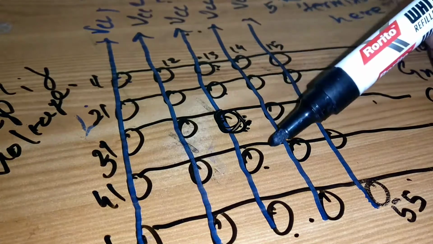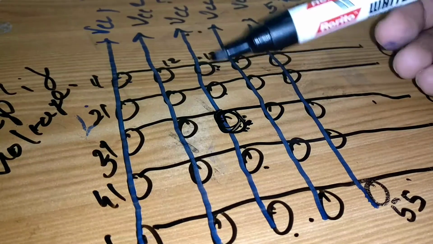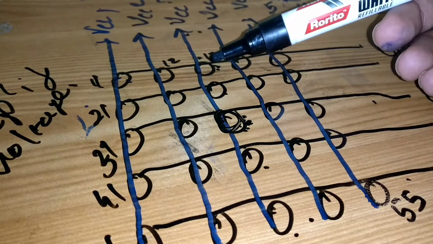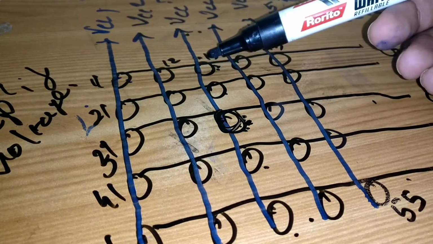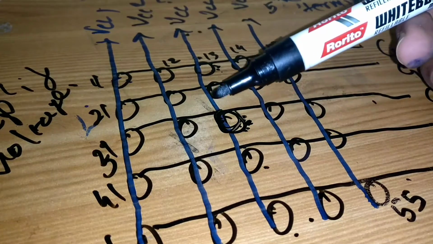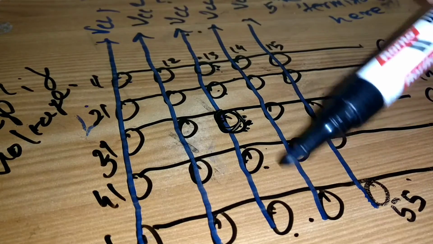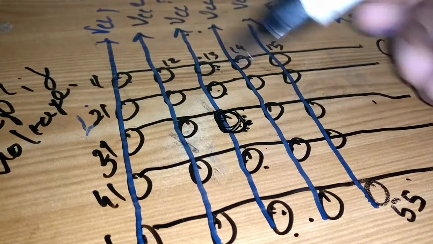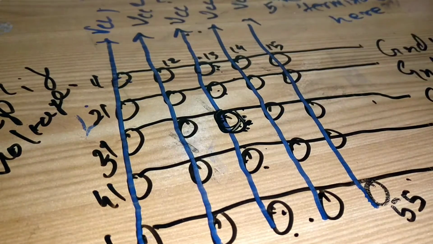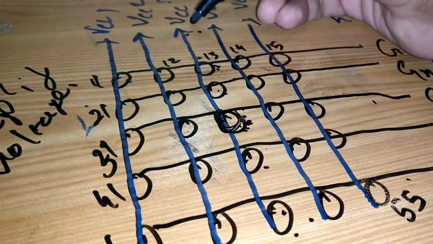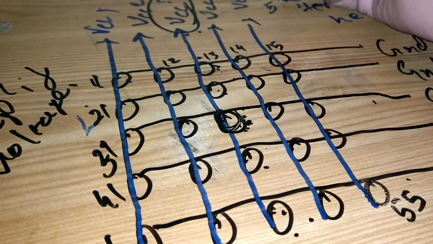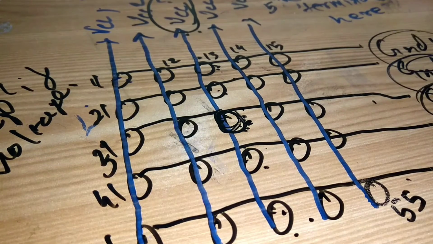So if you want to print the number 1, you have to glow 1 3, 2 3, 3 3, 4 3 and 5 3 of this column. So all you have to do is give VCC to column 3 and ground to each of the rows.